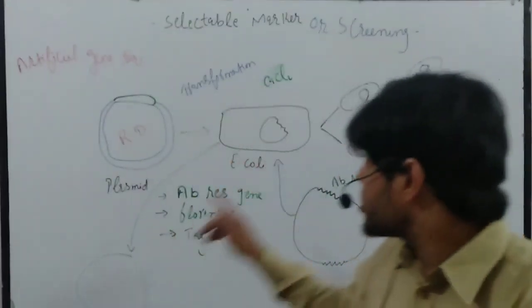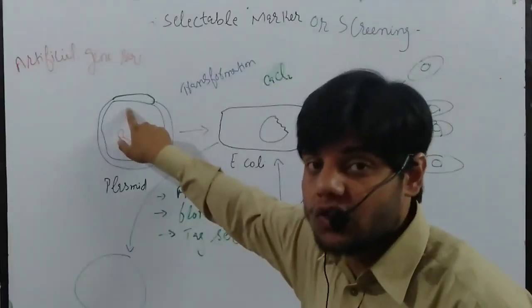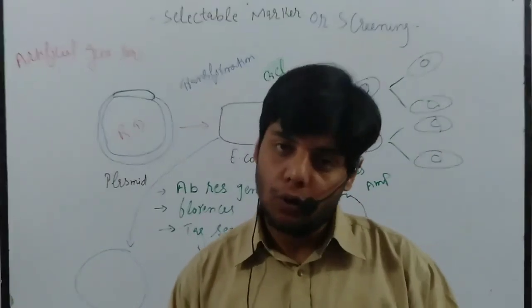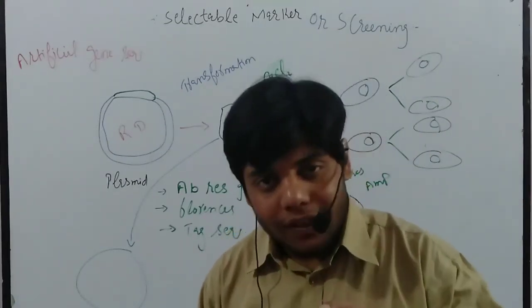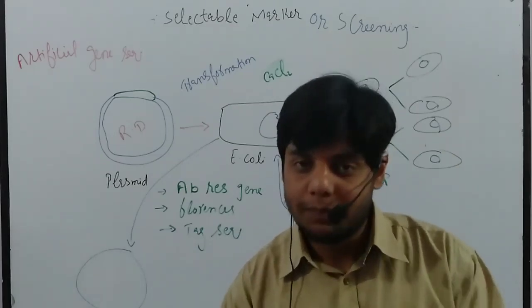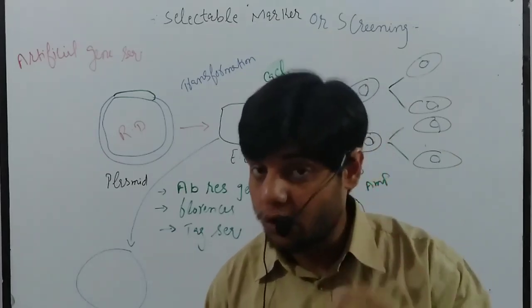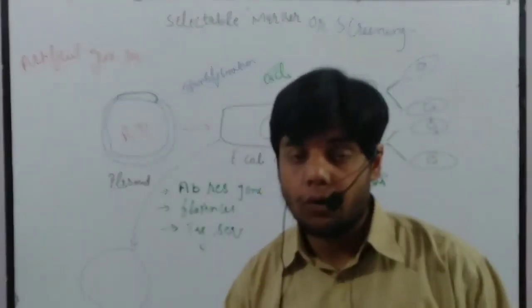Those bacteria which have the ampicillin resistance genes will grow. This is called screening, and we can identify that our vector containing our gene of interest is present. So those bacteria will grow.